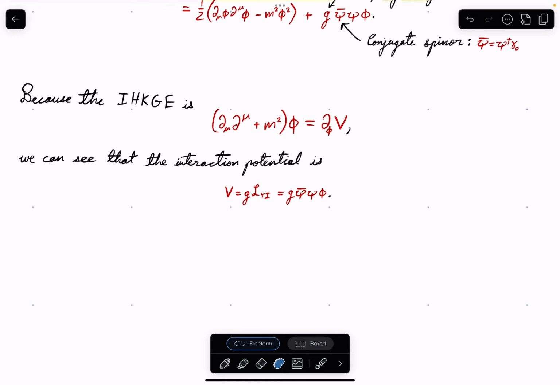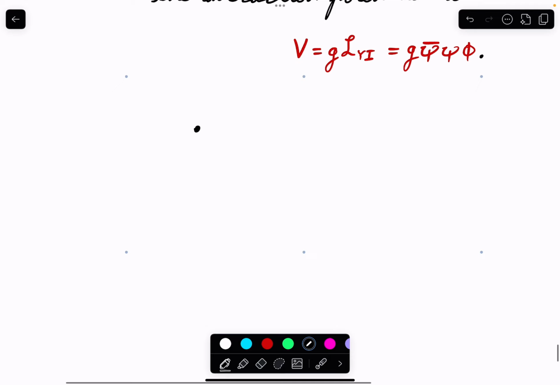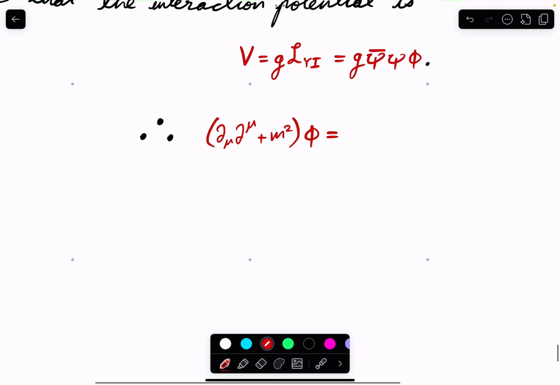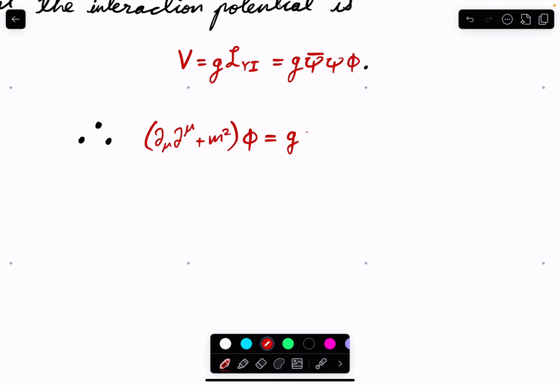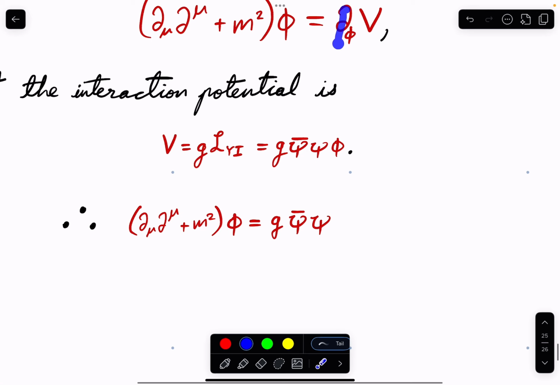So therefore, the inhomogeneous Klein-Gordon equation becomes the following: partial mu partial mu plus m squared phi equal to G psi bar psi, because it's the derivative with respect to phi, and you just have one phi here, so it cancels out, and you just end up with this.